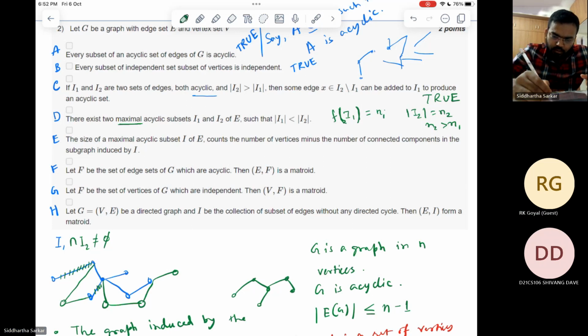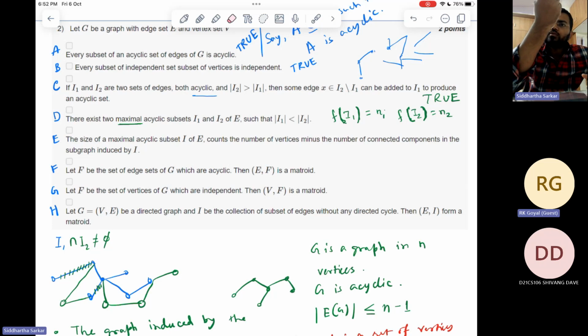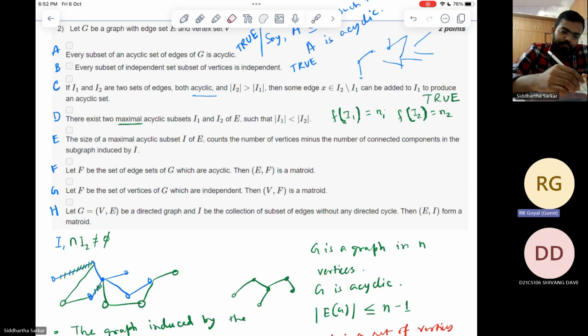And f of I2 is N2, but we do not know if N2 is greater than N1. Fine, we define this. So what is the next thing you were saying? The next is that the cardinality of I1 is bounded by n1 minus 1, and the cardinality of I2 is bounded by n2 minus 1. Yes, that is true.